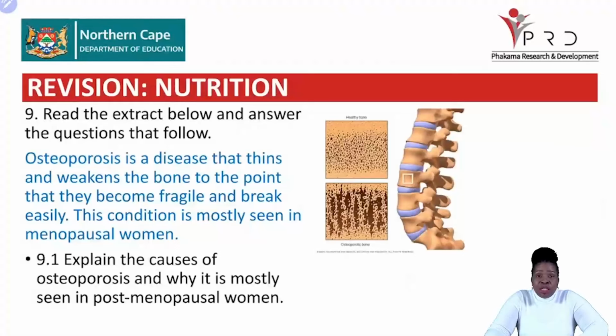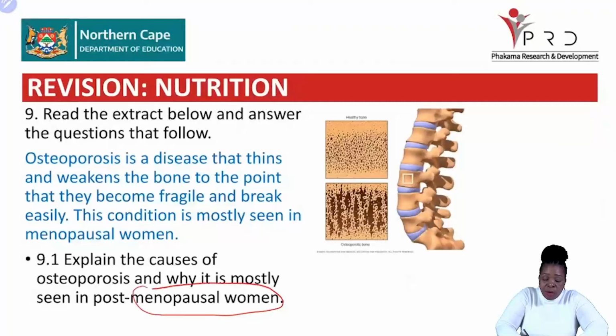This condition is mostly seen in menopausal women. Right. And then our question 9.1 says, explain the causes of osteoporosis and why it is mostly in menopausal women.